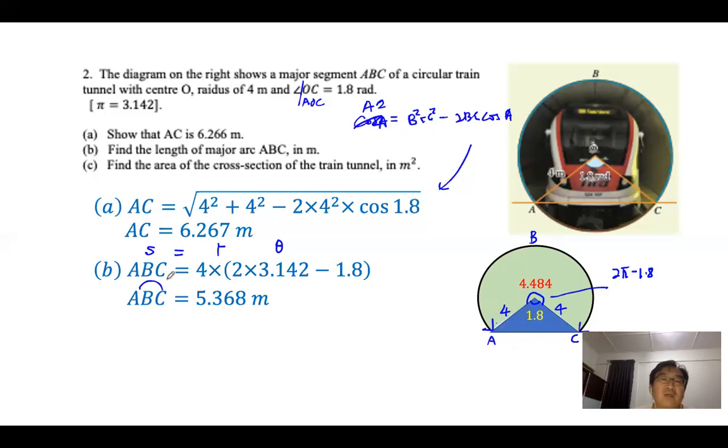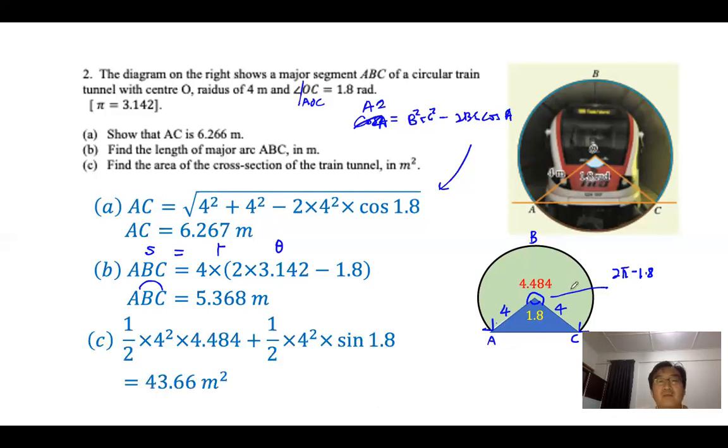Then find the area of the cross-section of the train tunnel. So we want to find the area of the major sector plus the area of the triangle. So for the area of the major sector, we use the formula 1 over 2 r squared theta.